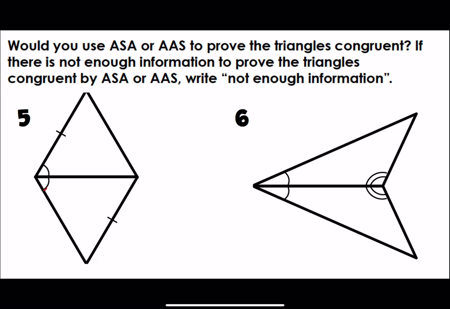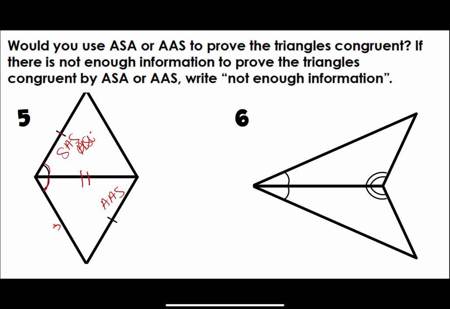Okay, so we've got an angle. The corresponding side would be right next to that angle, but that's not what we have here. And even if we know that this side is congruent, something funny is going on. This triangle is trying to go for angle, angle, side, and this one's trying to go for angle, side, angle. Or sorry, side, angle, side.